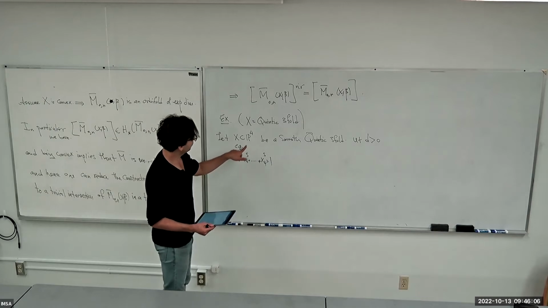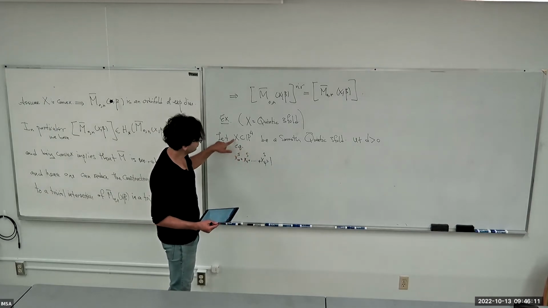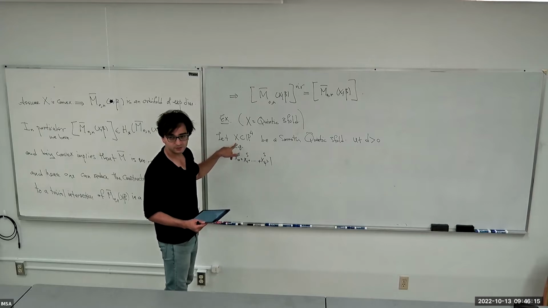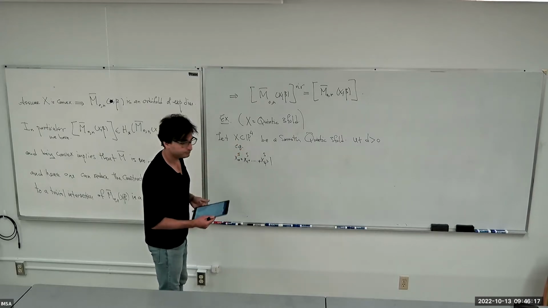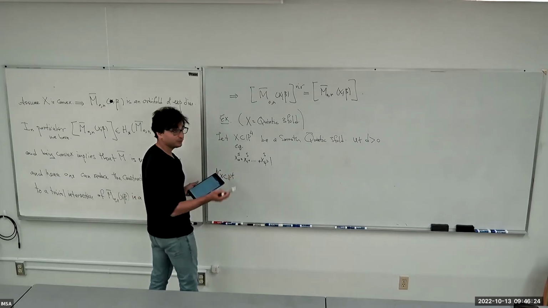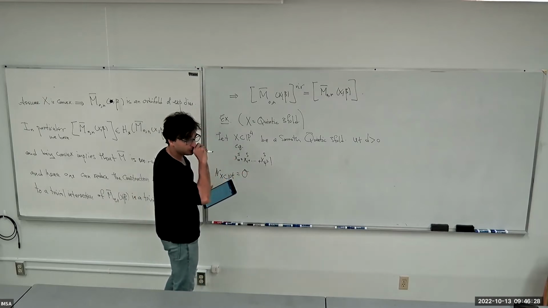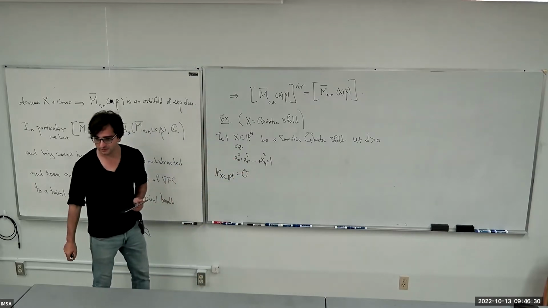Because the canonical bundle of P4 is O(-5), and the degree of the hypersurface is 5, the canonical bundle of this variety is O. The normal bundle of X inside P4, because it's a hypersurface, is a line bundle, and its degree is exactly equal to the degree of the polynomial that defines it.